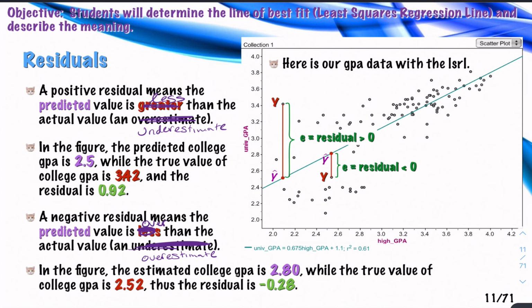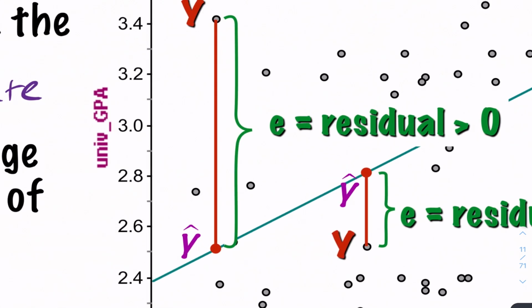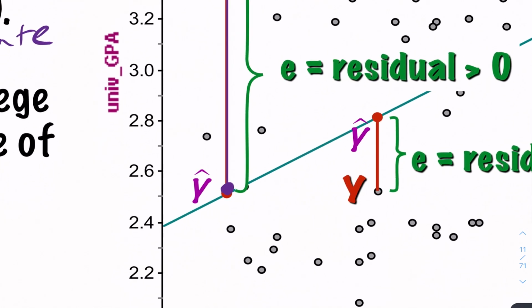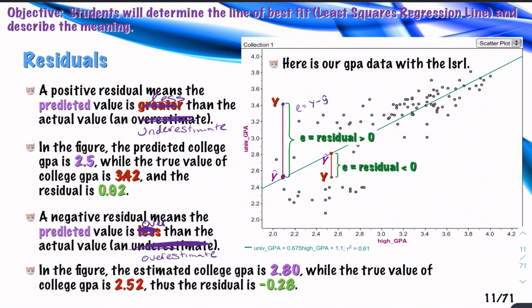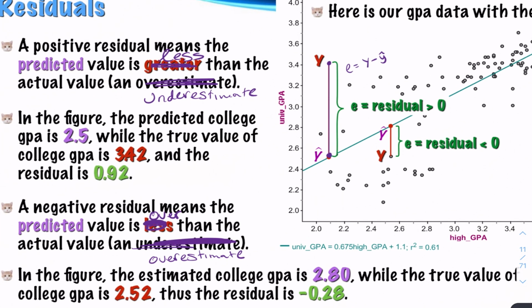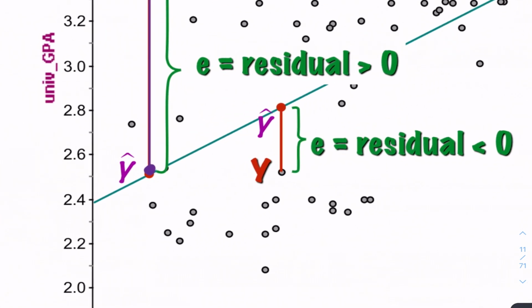And so if we have a positive residual, what that literally means, if we know that E is equal to y minus y hat, well, if our actual data value is above our model, then the residual will be positive, and our model is literally under the actual data, or it's an underestimate. Likewise, a negative residual means the predicted value is over the actual value, or an overestimate.